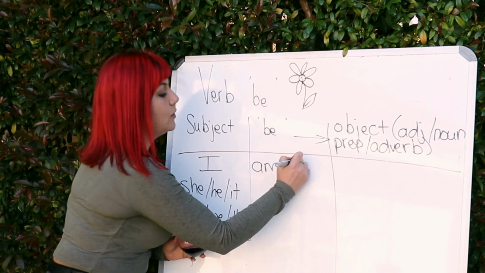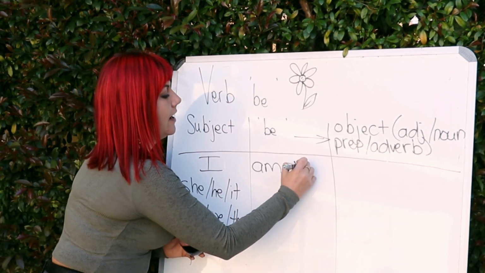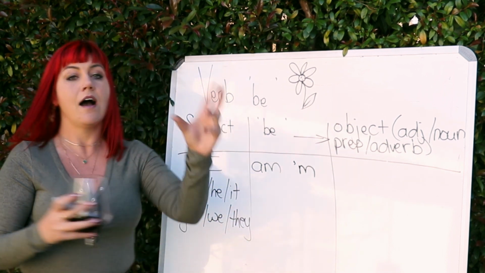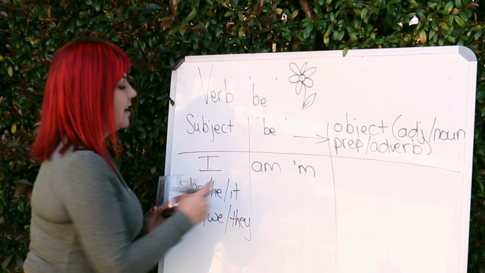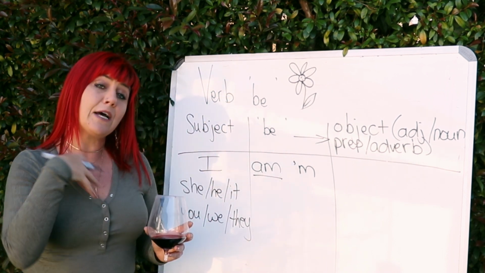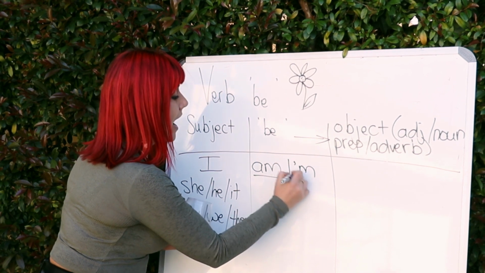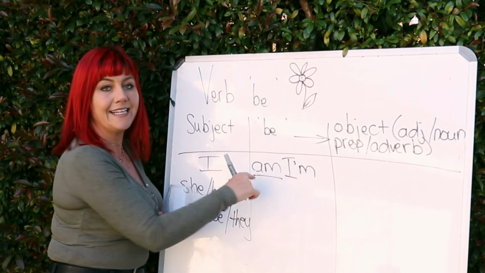What we do is we use, this is called an apostrophe. We contract, and we say I'm. So this is correct English, but if you really want to sound natural, we will say I'm. And this means that there is one letter missing.